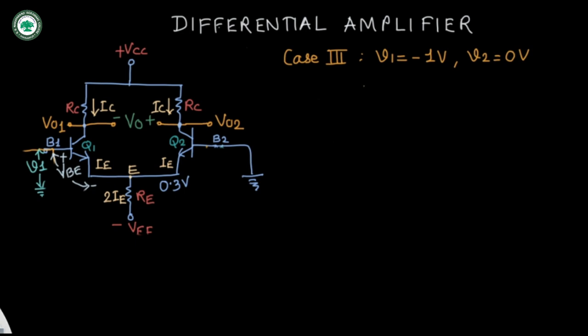So naturally what will happen, as V1 has a negative potential, that means minus 1 volt, the transistor Q1 will not conduct.